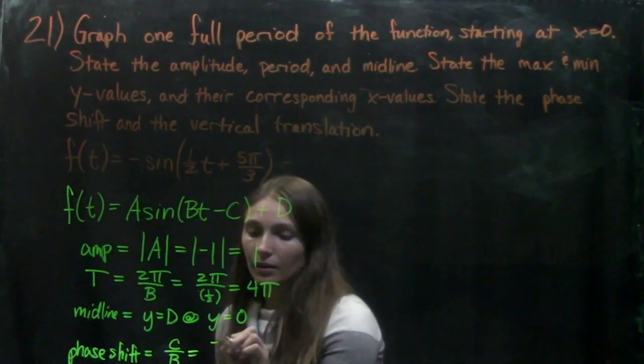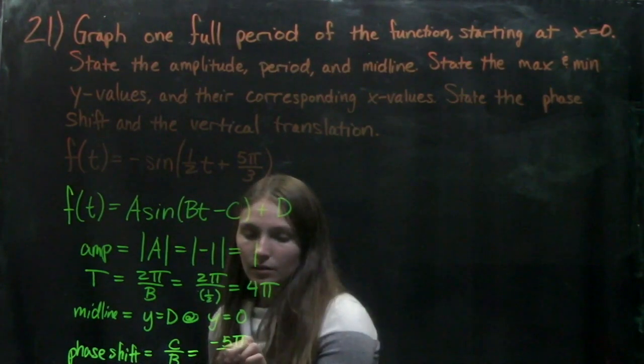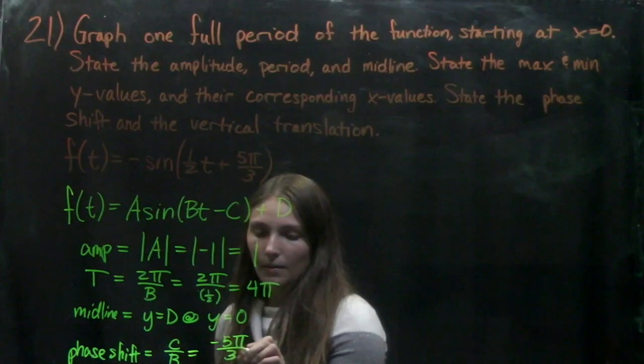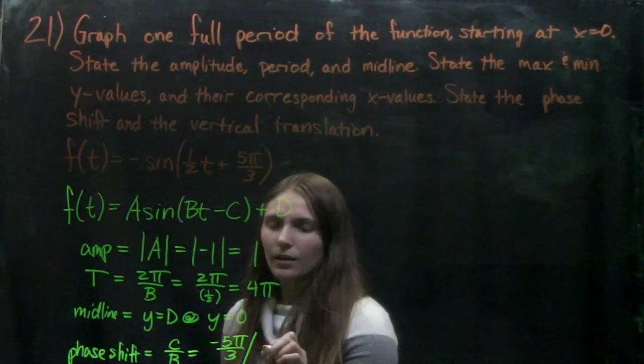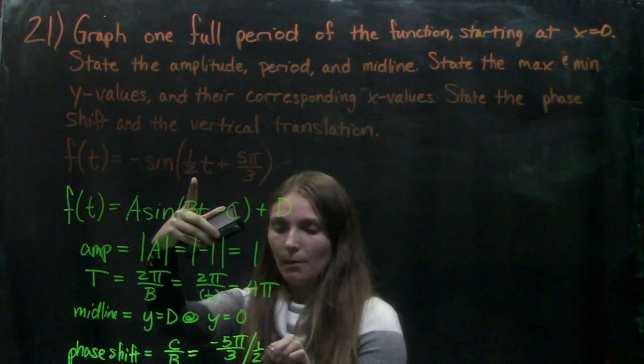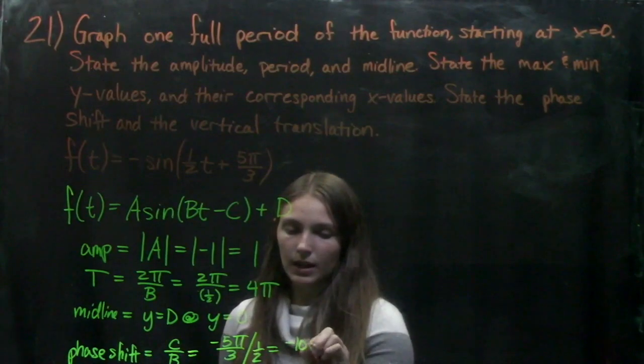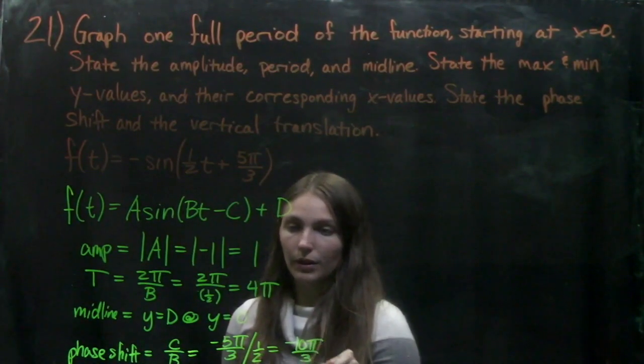So we're going to have a negative 5 pi over 3, and then we're going to divide that by our b, which is 1/2. And when we simplify that, we get negative 10 pi over 3.